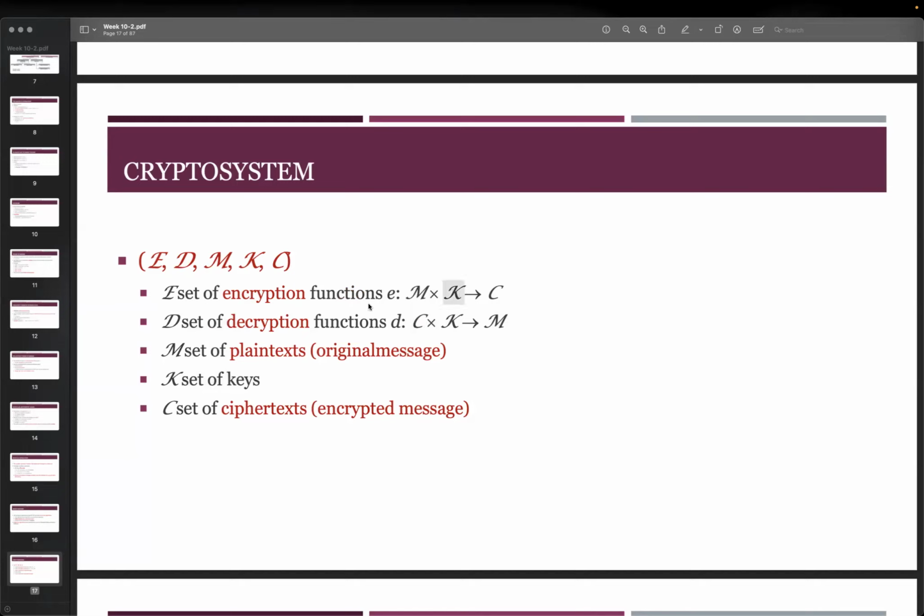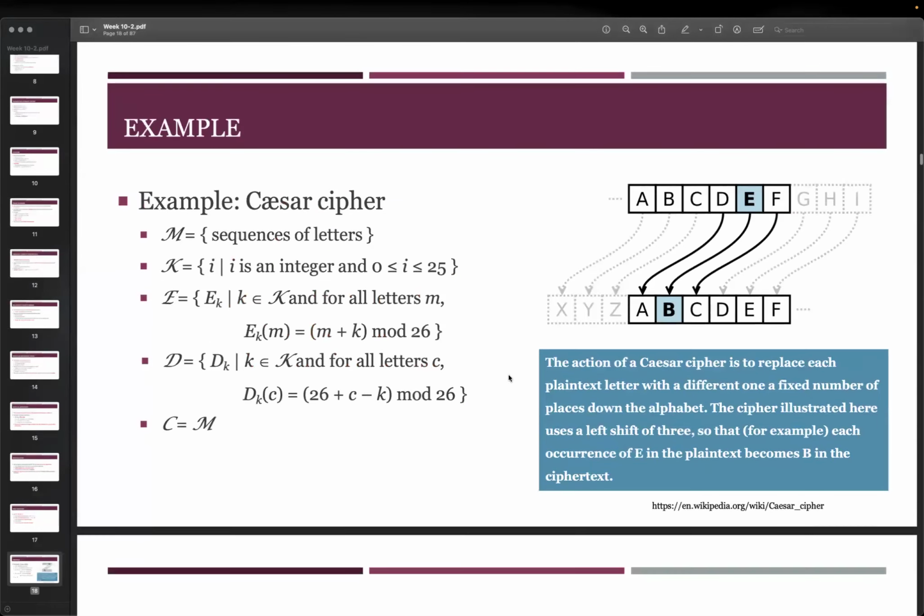C is the set of ciphertexts, the encrypted messages. After we encrypt with a certain key we get ciphertext, and when we use the key again we can decrypt it back to the original message. That's how it works.